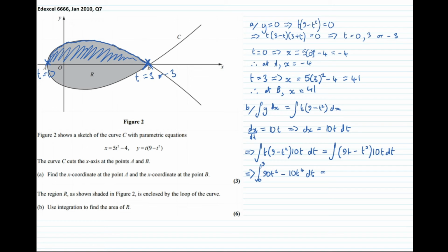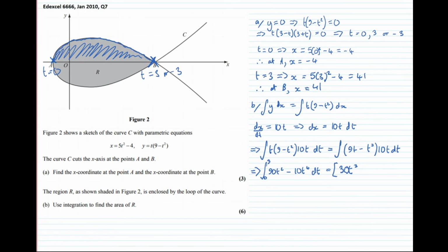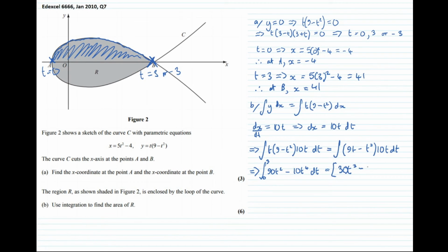Well, the integral is equal to, well, 90t squared integrates to 90t cubed over 3, or 30t cubed. And 10t to the 4 integrates to 10t to the 5 over 5, which is 2t to the power of 5, between 3 and 0.